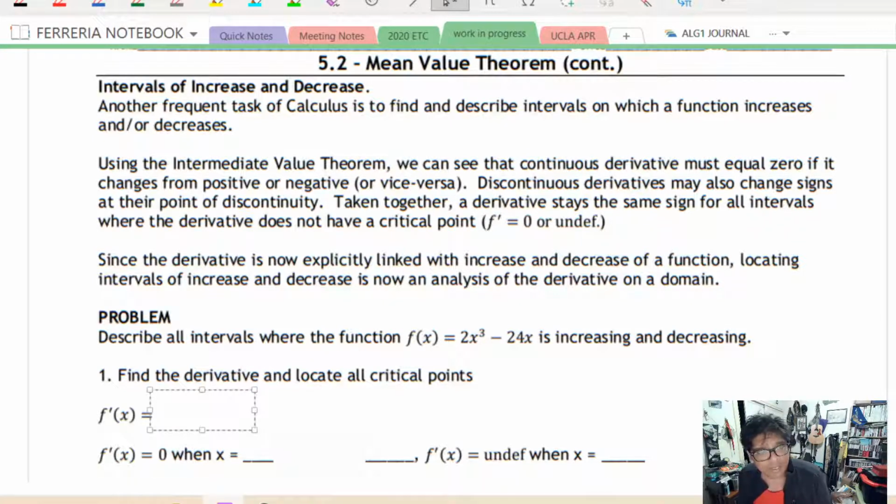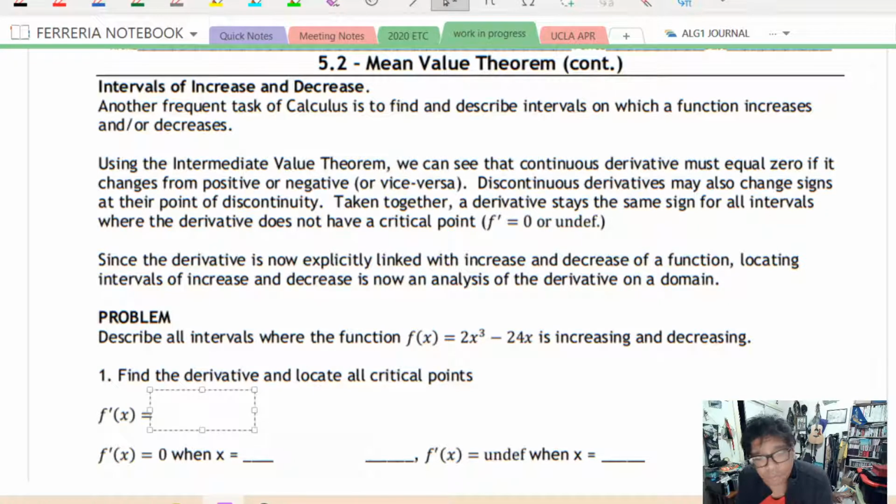Taken together, and this sounds like it's going to be the important part, a derivative stays the same sign for all intervals that do not have a critical point. In other words, if a derivative is going to change signs either from positive to negative or from negative to positive, then it has to do so at a critical point: f prime is equal to 0 or undefined. Now the reverse of that isn't true.